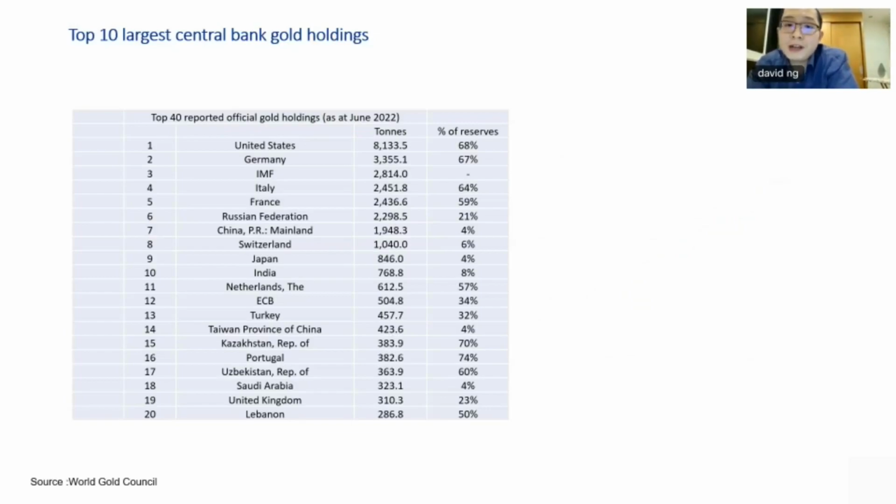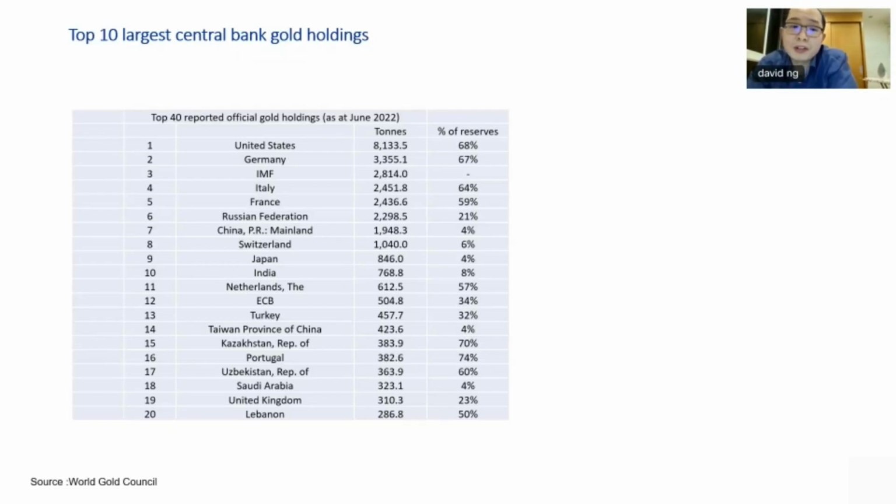So one of the key things we really need to look at whenever you are looking to trade the gold market is to be aware of the factors that affect the demand for gold. Central banks are one of them. Currently, among the top 5 countries, the US is the top in terms of gold reserves, followed by Germany, Italy, and France. So the gold reserve is substantial.